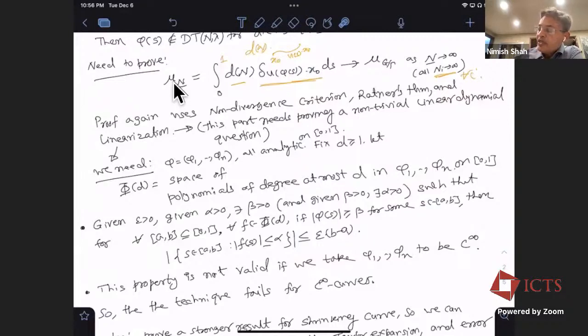Our analytic curve phi is made up of coordinate functions phi1 to phi n.